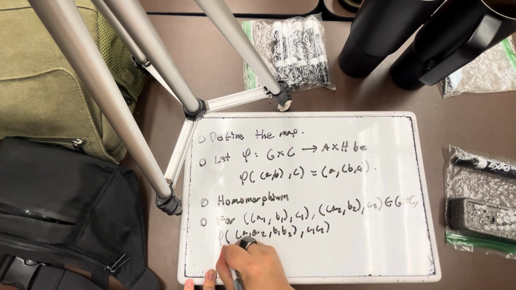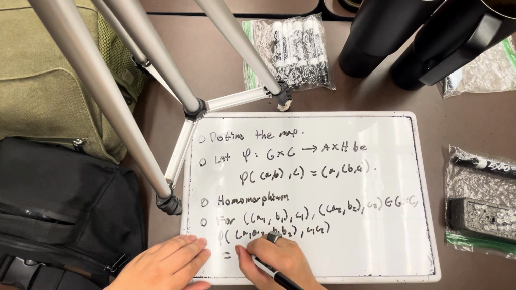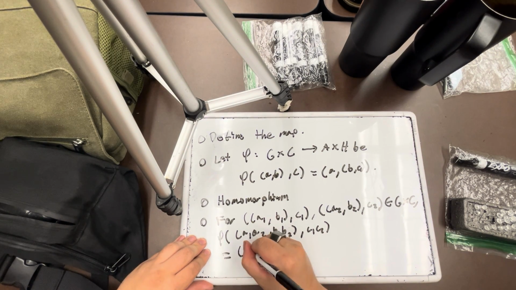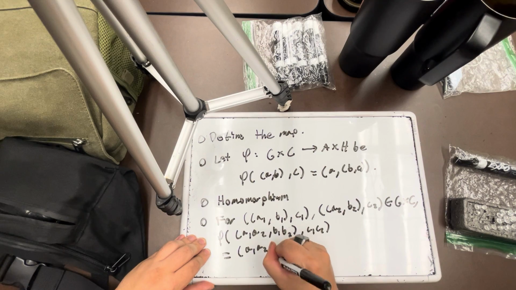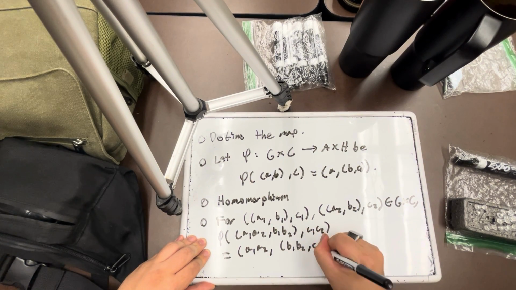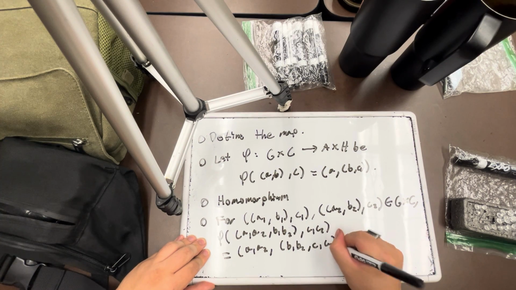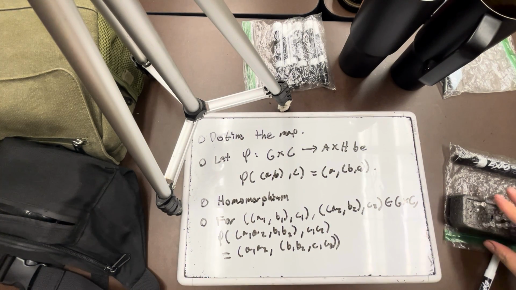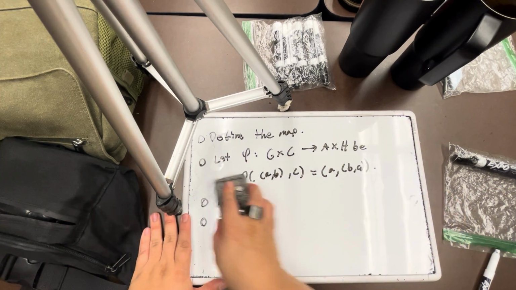We have that is in fact equal to (a1 a2, (b1 b2, c1 c2)), and we'll continue along here right after I erase the board.